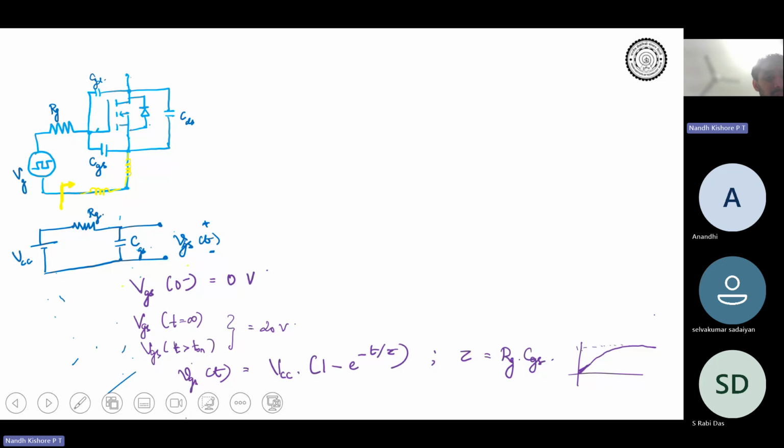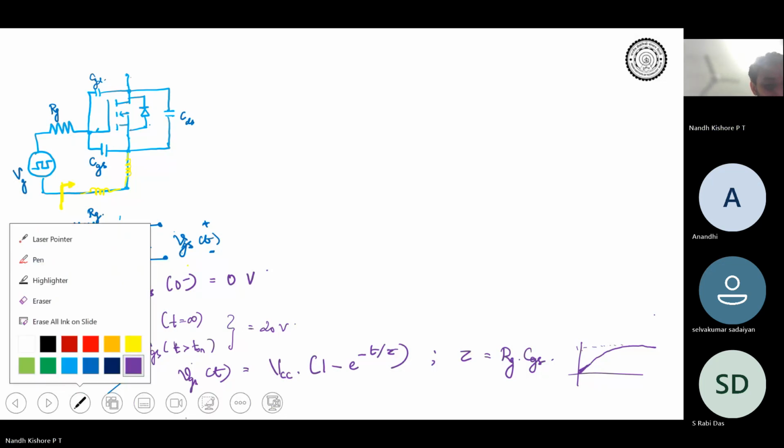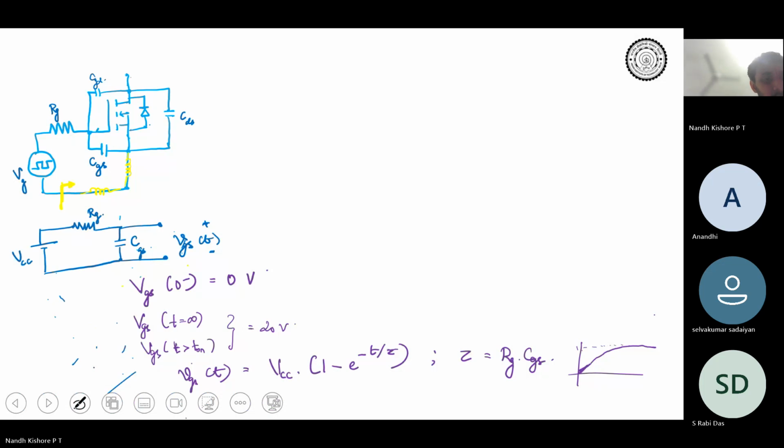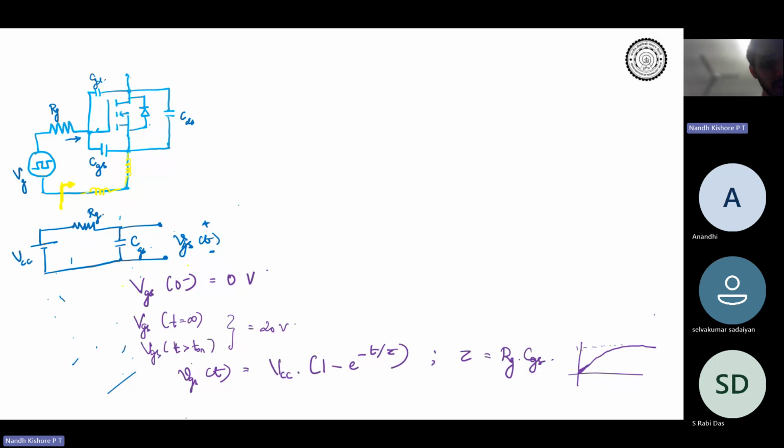During starting condition, the current over here actually gets two paths. One is through CGD, and the other is through CGS. So effectively, during starting alone, your CGD and CGS come in parallel.